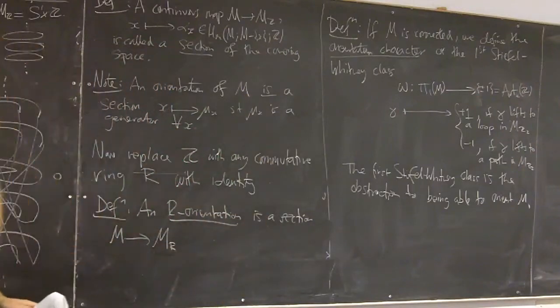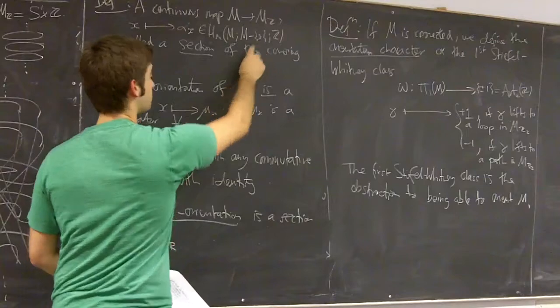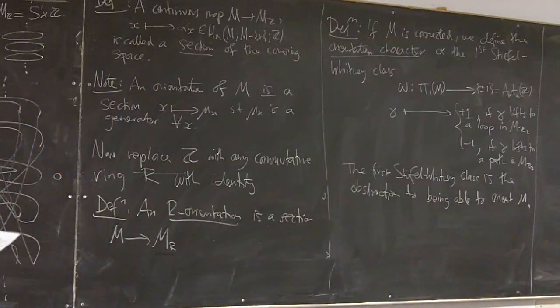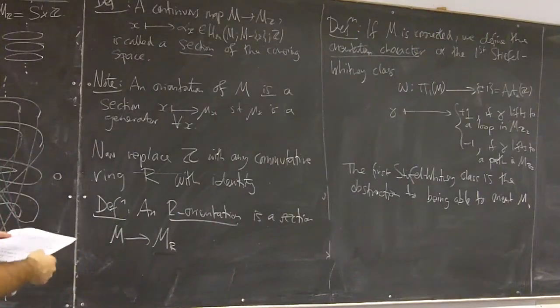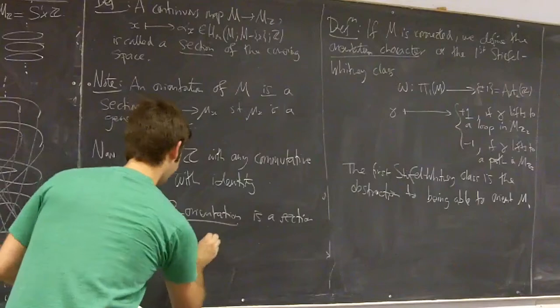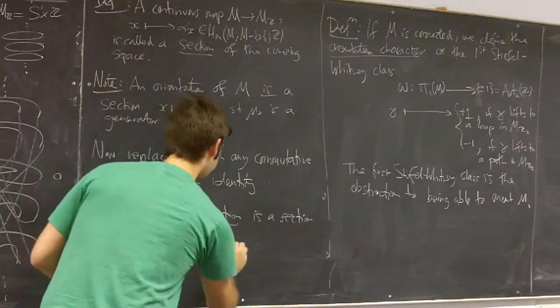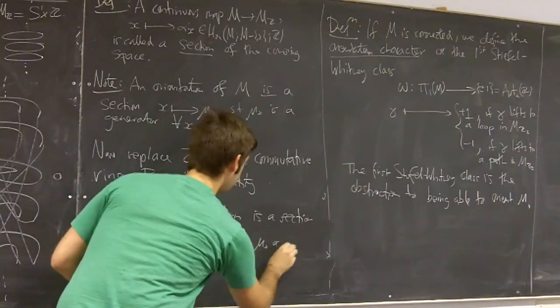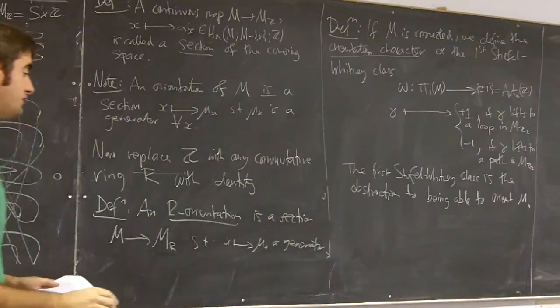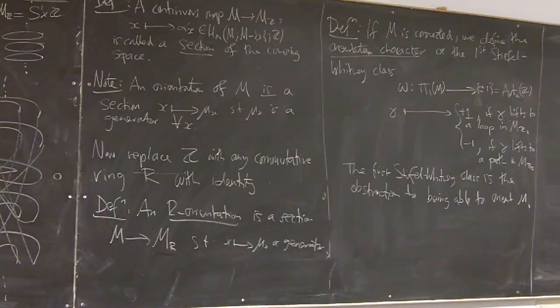So over each point we get a copy of R. I mean, we replace Z with Z tensor R, which is just R. So this is a section, again, such that x maps to mu x, a generator. Well, now we should consider what it means to be a generator in a ring.